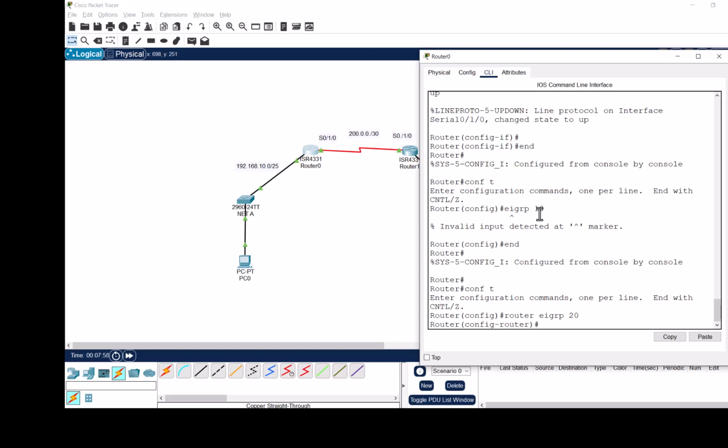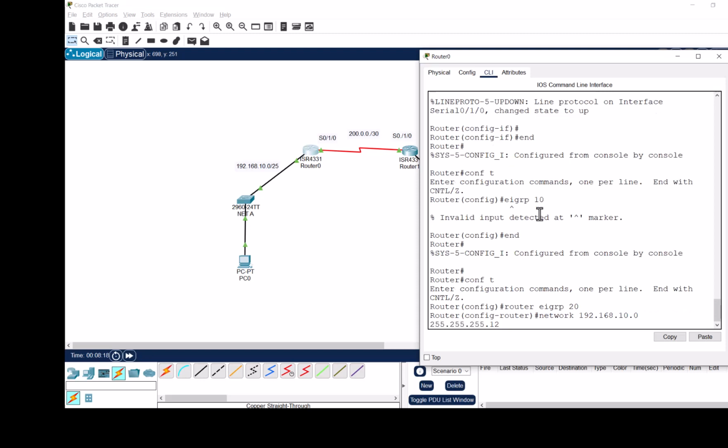Now we need to pay attention to the subnet mask. It's done in a reverse way here, wildcard they call it. For example, network A, how to add it to the router? Network 192.168.10.0. Now for the subnet mask, usually the subnet mask is 255.255.255.128.